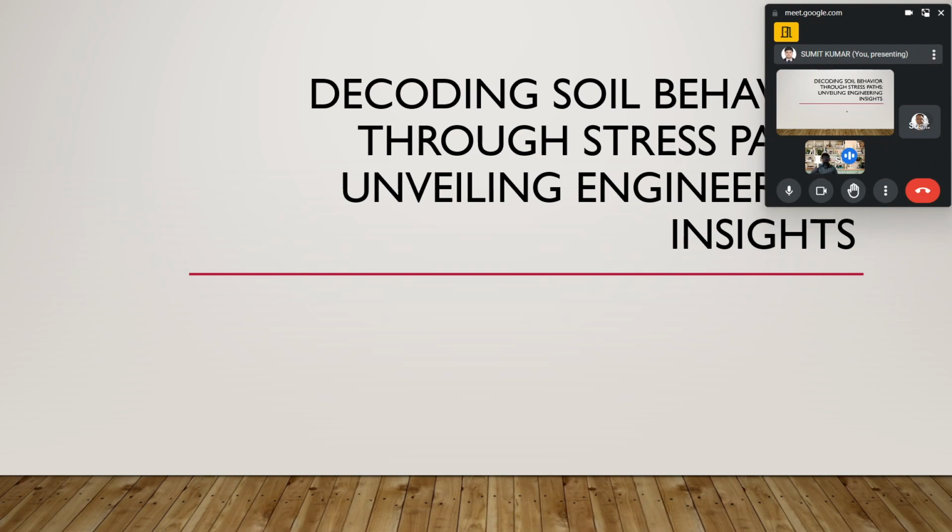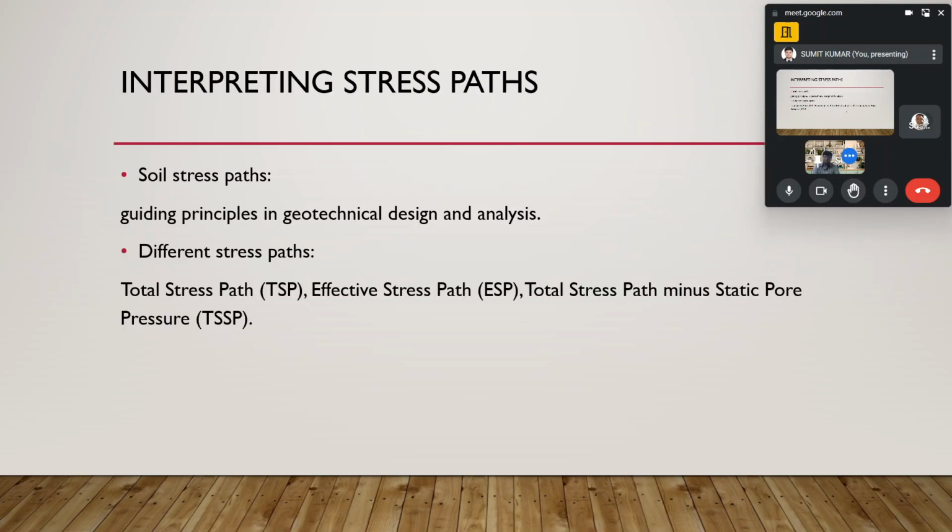Now we are going to decode the soil behavior through the stress path, because from the initial stage, first of all, we want to understand the soil behavior through the stress path. Now we want to decode these things with the help of the stress path, specifically interpreting the stress path.